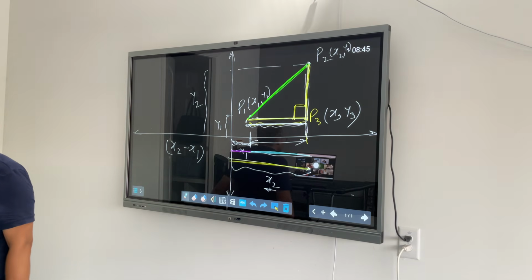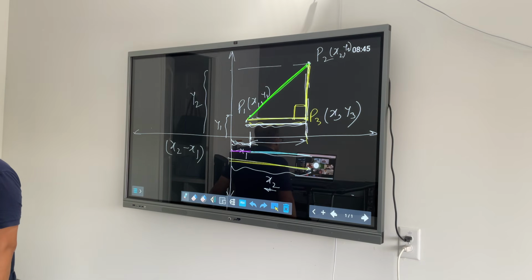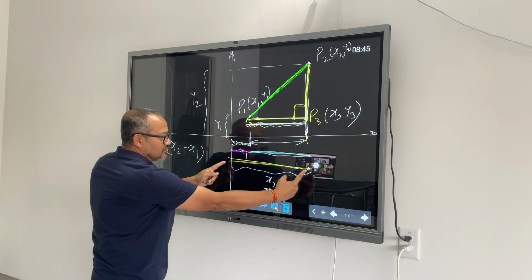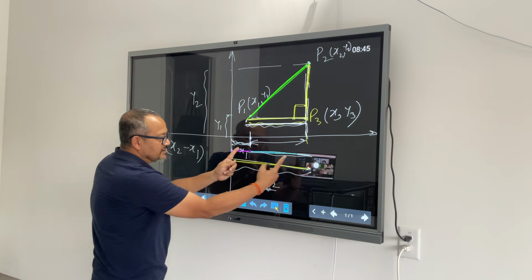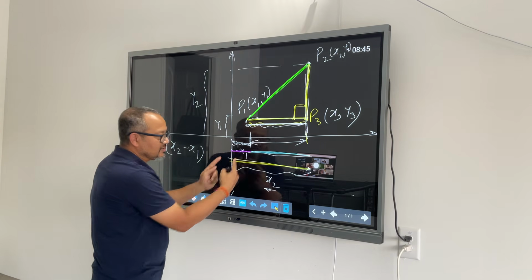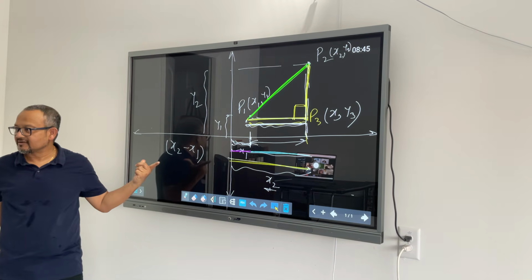Makes sense or it doesn't make sense? Whole distance is x2, this much is x1. I was trying to find out this length. So x2 minus x1. Yeah?